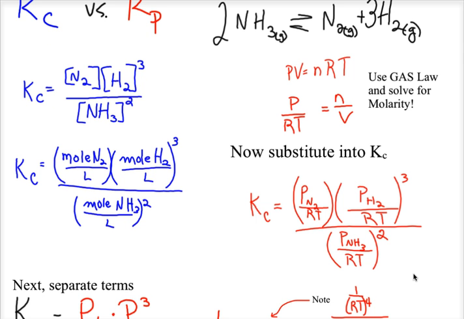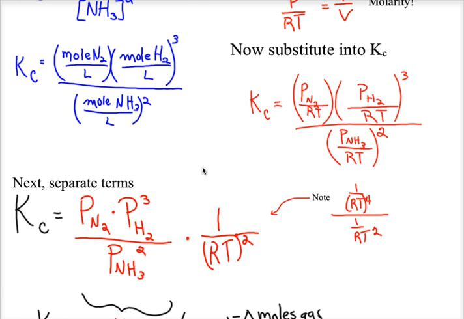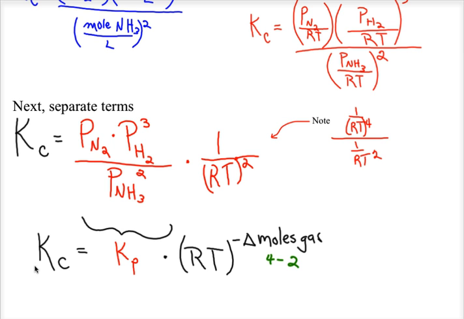After we do that, we can simplify and combine like terms to get this equation as shown here, where we moved all the pressures together, we moved the RTs together, and then we simplified. Bottom line is that Kc equals Kp times RT to the power of the change in moles of gas, products minus reactants, if you look at the overall equation.